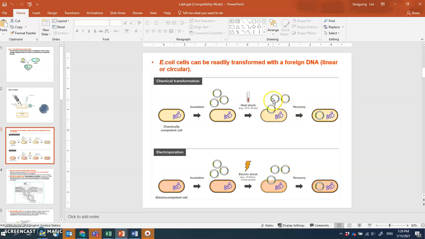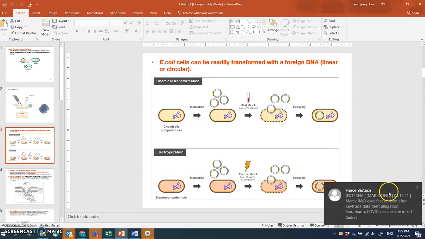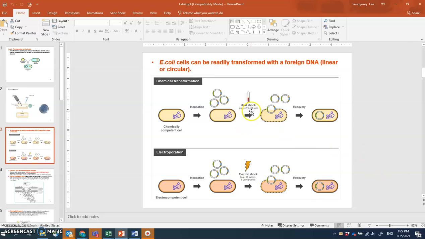Through those pores, your DNA can be transported in, and then the cells are recovered from the short heat shock to the optimum growth condition. The cells that are not dead through this harsh treatment, if they have taken up the foreign DNA, will survive and continue their life, and their descendants will maintain the genetic traits developed by the new DNA that came in.